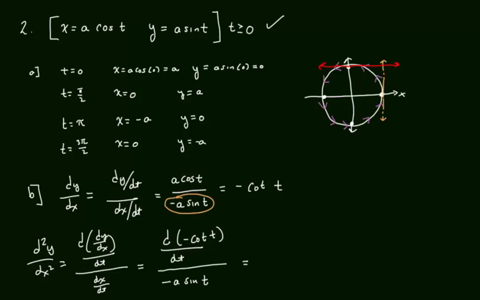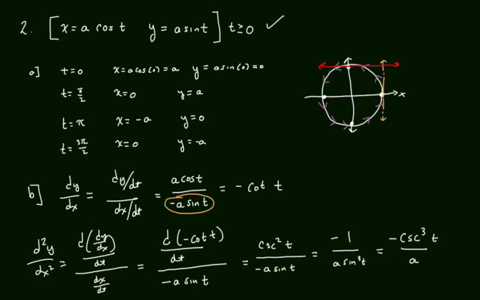The derivative of negative cotangent t is positive cosecant squared of t, and then that's over negative a sine t. So we can think of this as negative 1 over a sine cubed t, or as negative cosecant cubed of t over a.